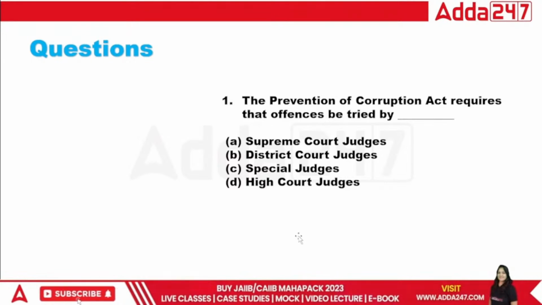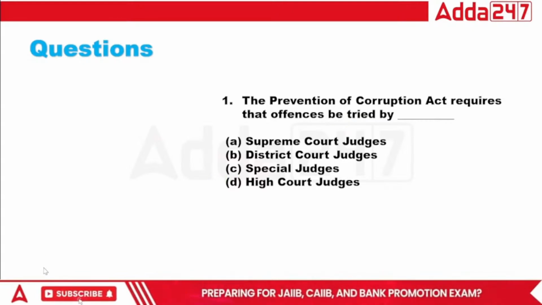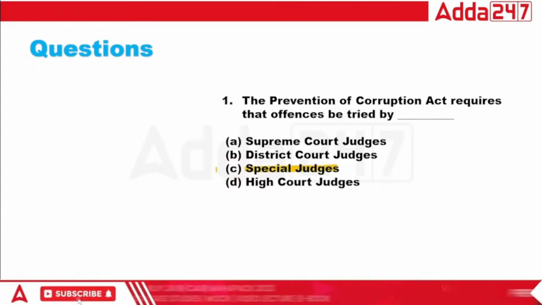Okay, tell me. That is very simple. The Prevention of Corruption Act requires offences to be tried by the special judge. So C is the right answer.